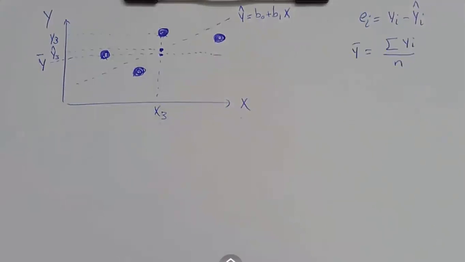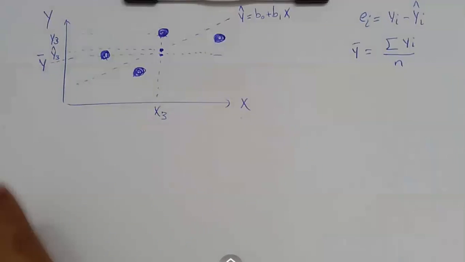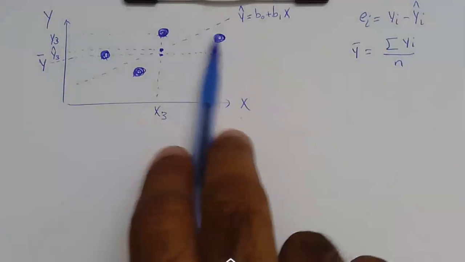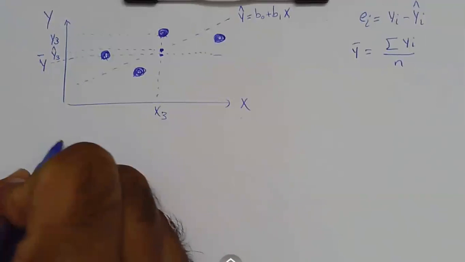So y bar will be sum of yi's divided by sample size. All right, now we have a relationship that always holds true regardless of how these data points are spread. So this is the relationship.